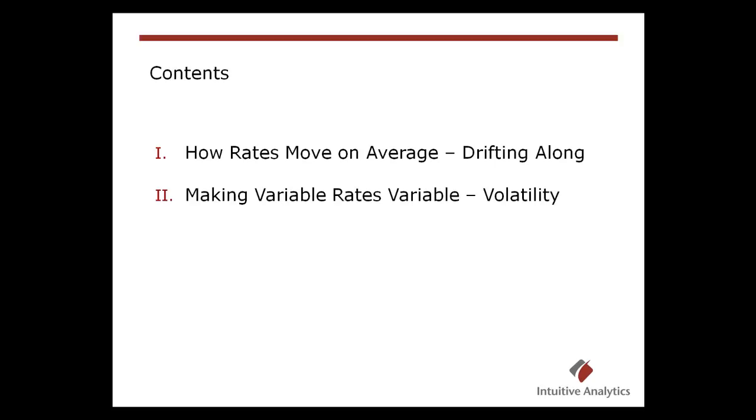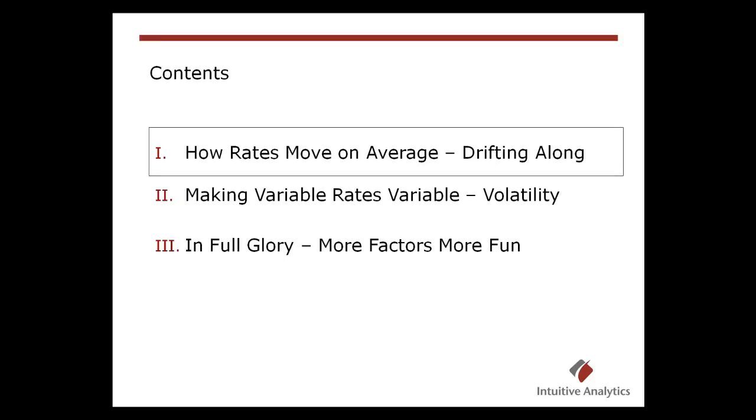How do we introduce risk or uncertainty into the model, and what does that mean for rates as we look at them through time? And last, we'll look at different market factors, not just interest rates, but other types of variables and how they might interrelate in a more comprehensive market model solution. So first, let's look at how rates move along on average.